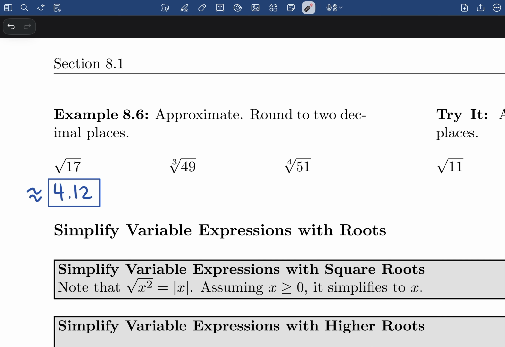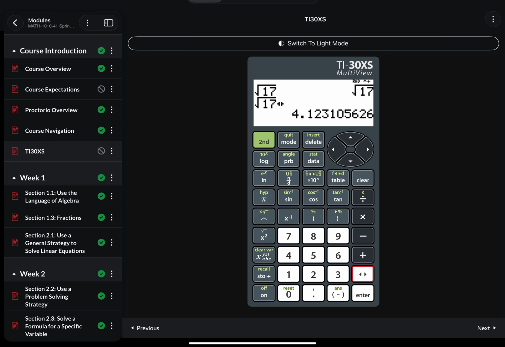You're probably asking, how do we type a cube root in the calculator? I'm going to show you. To type a cube root, there's a button called an X root button. It's above the caret symbol. I'm going to click second, and then click on this X root button. That'll give me an X root, but first I need to type the index value.